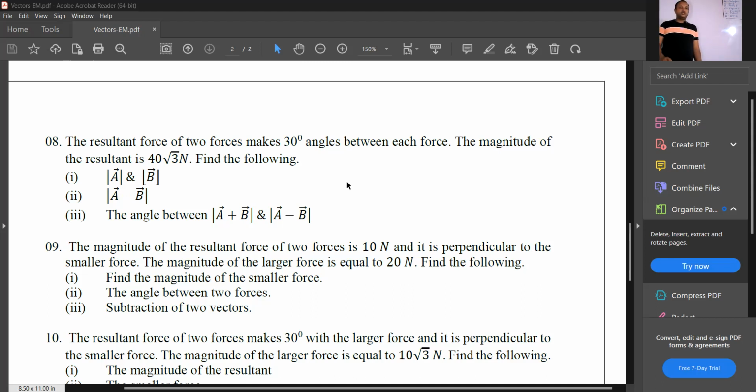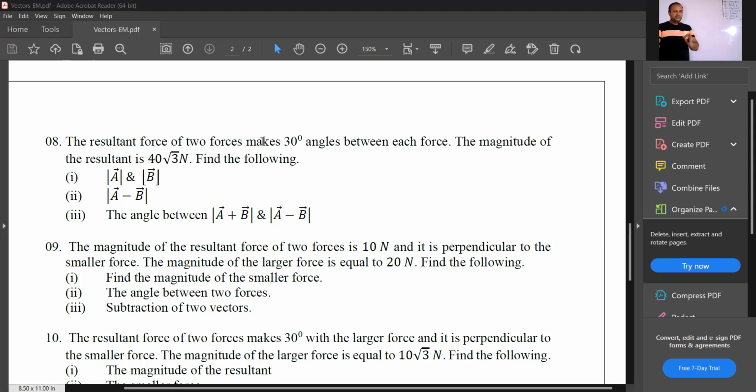It is a rhombus. So if the parallelogram makes equal angles with the two forces, that means the diagonal bisects that angle. Therefore, it should definitely be a rhombus or a square.